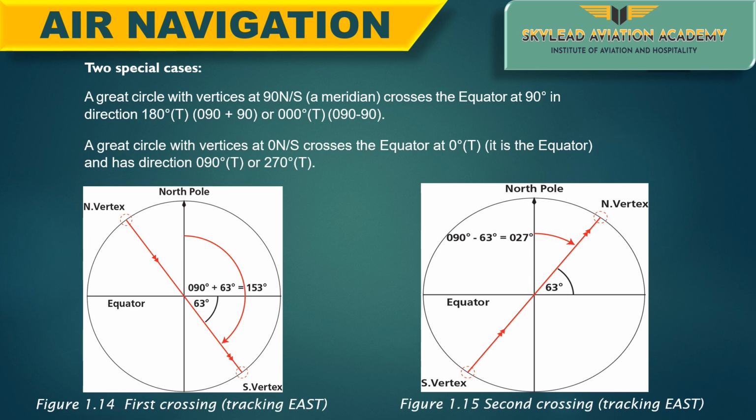A great circle whose vertex is at 0 degrees north or south crosses the equator at 0 degrees; it is the equator and has direction 090 degrees or 270 degrees.